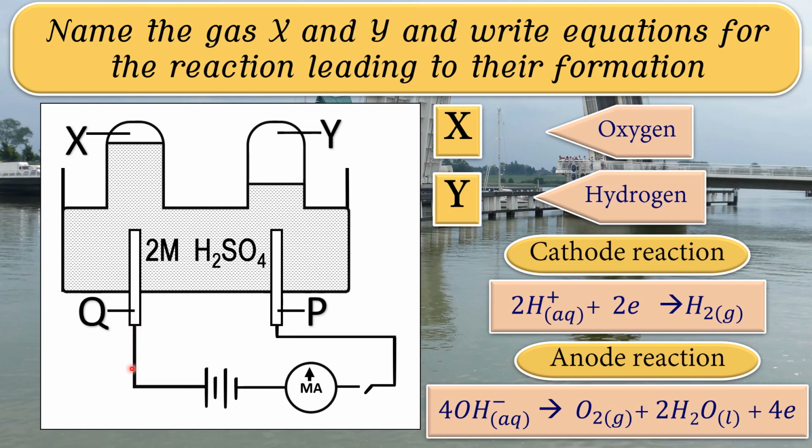And when they reach here, they will lose the electrons and they are going to be discharged to give us water and oxygen gas. The oxygen gas is going to be collected up here and it is X. So the hydroxyl ions are going to be discharged.